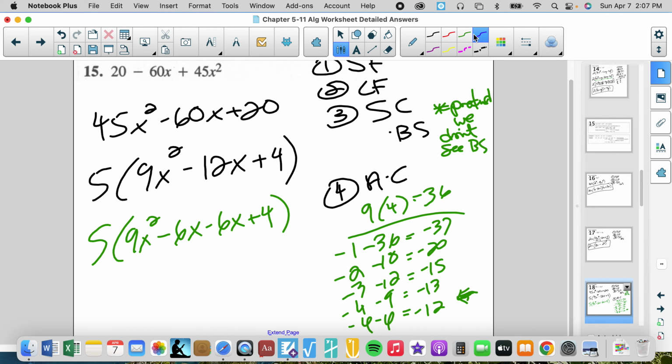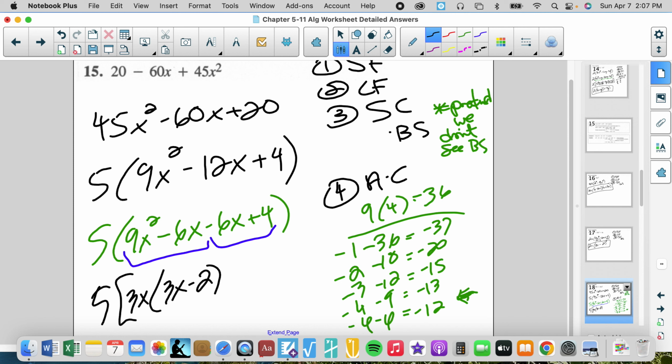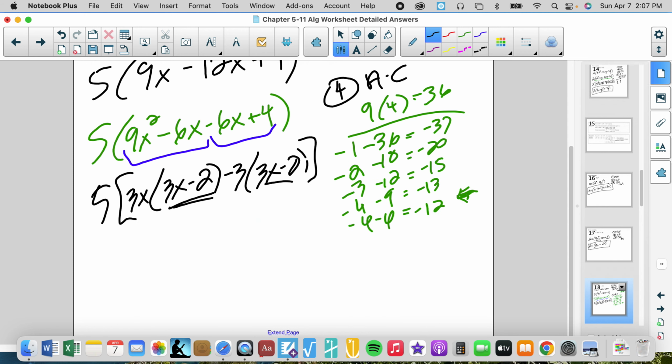Let's still factor by grouping. We get 5, and now we're going to factor out a 3x. You get 3x minus 2, and let's factor out a negative 2, and we get 3x minus 2. And we see that those are the same.